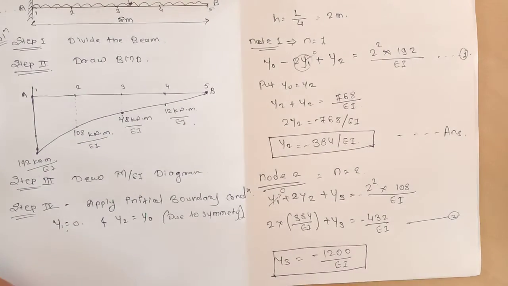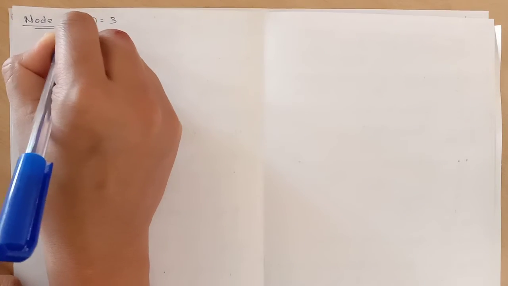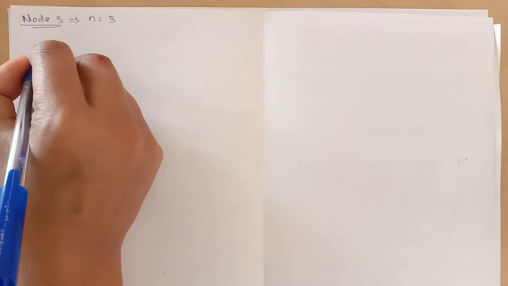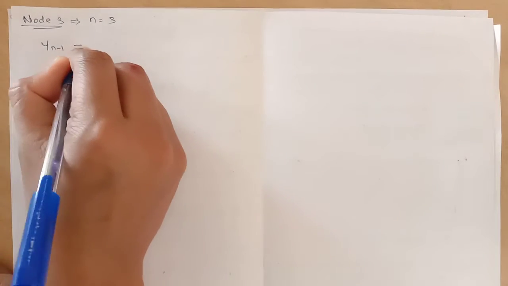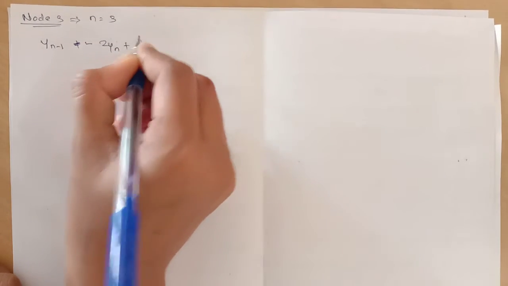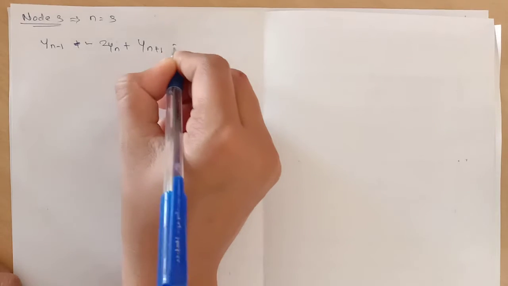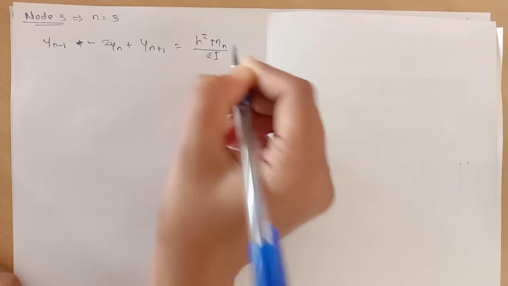Then next, take the third nodal point, that means n is equal to 3. So our equation is y(n-1) minus 2yn plus y(n+1) is equal to h squared into M at n divided by EI.